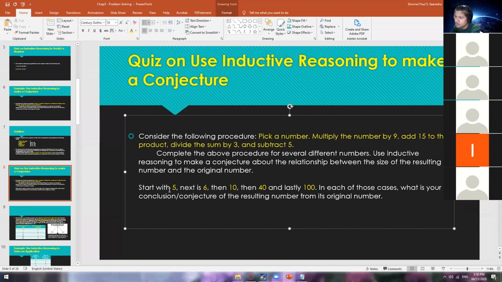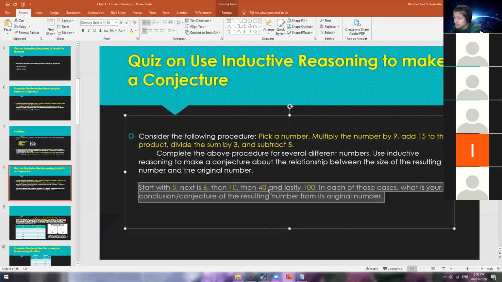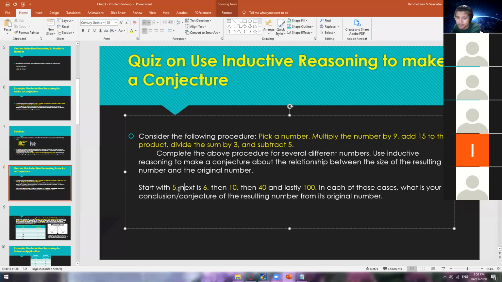Actually, you can pick any number, but just in case you cannot choose a number, you can start with 5, next is 6, and then 10, 40, and then 100. From those examples that you use, make a conjecture about the relationship between the size of the resulting number and the original number.